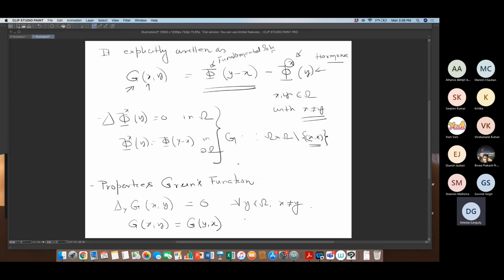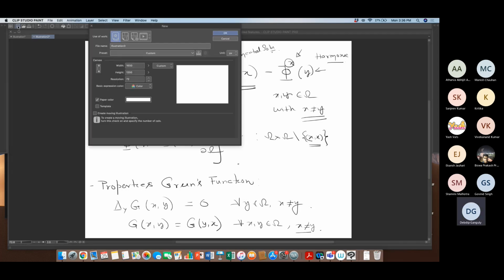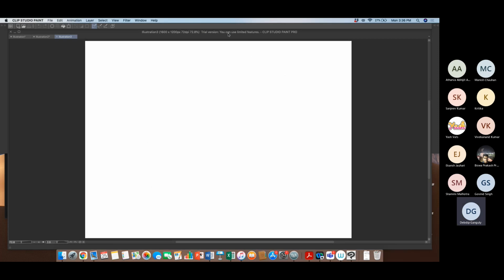It is symmetric for all x, y in omega with x not equal to y. Clear? So we have done all those things. Next, we have computed some explicit examples.